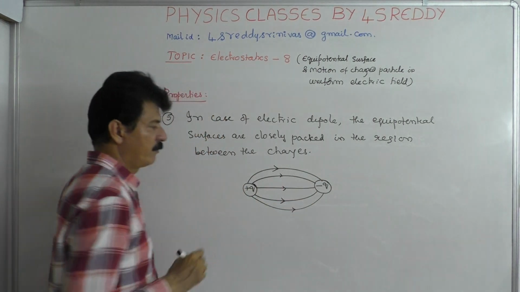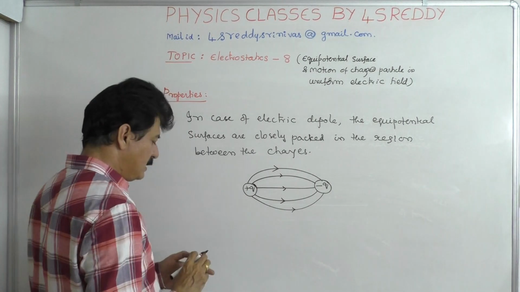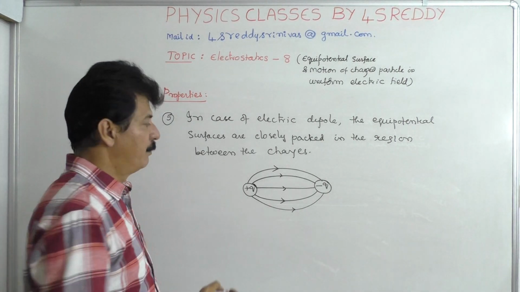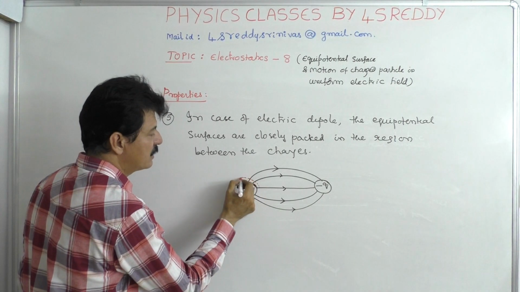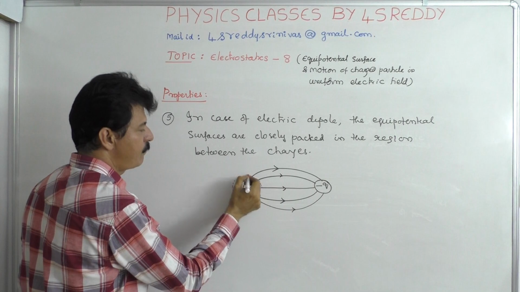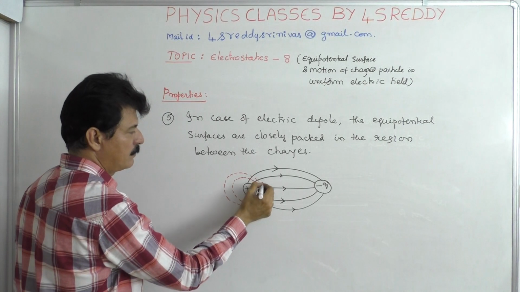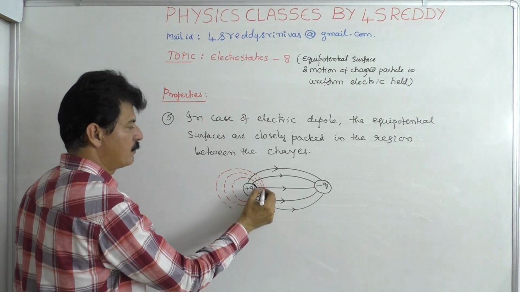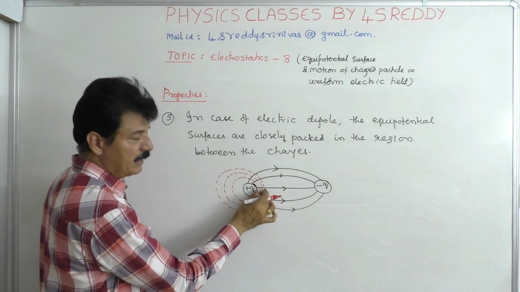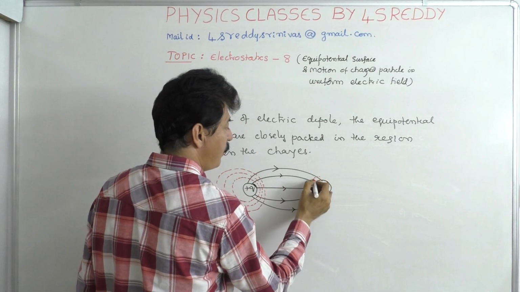But the equipotential surfaces are like this. That means here they are closely packed, but here it is farther. Similarly here also.